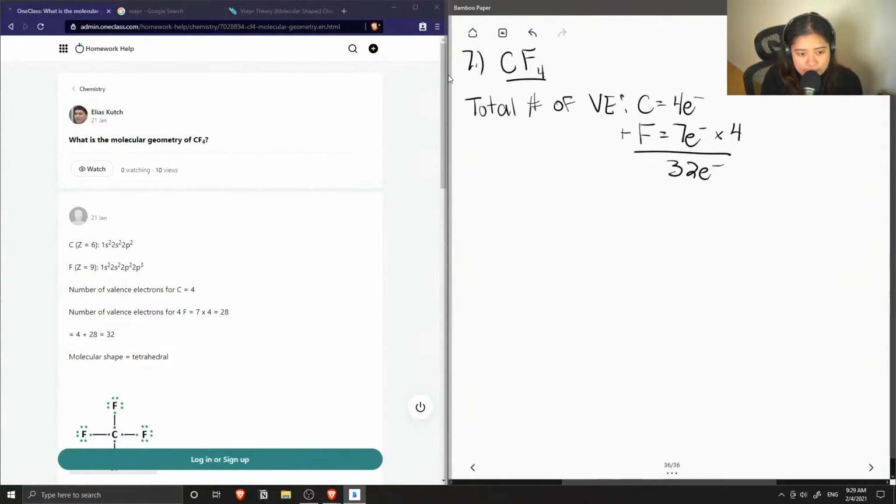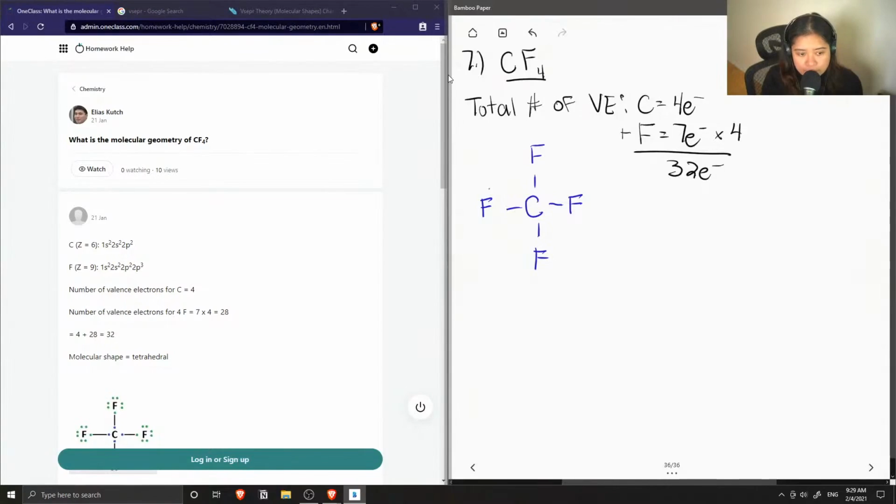Now let's draw out our skeletal structure, with carbon being our central atom since it is able to form multiple bonds and because it is the least electronegative. We can draw our 4 bonds to fluorine, like so.